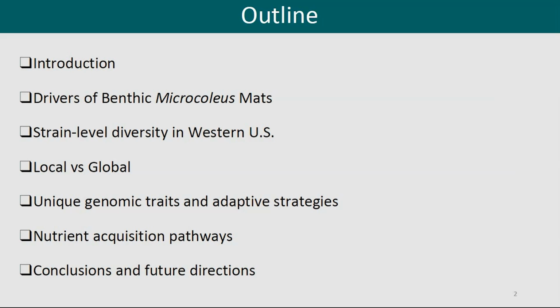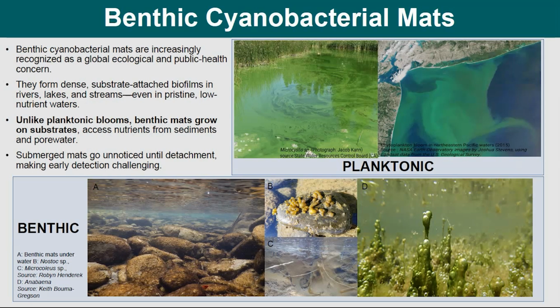To start with, the difference between planktonic and benthic. The planktonic cyanobacteria float, suspended in the water column, and these cyanobacteria, with other phytoplankton, grow with nutrients and other environmental factors. They tend to float.